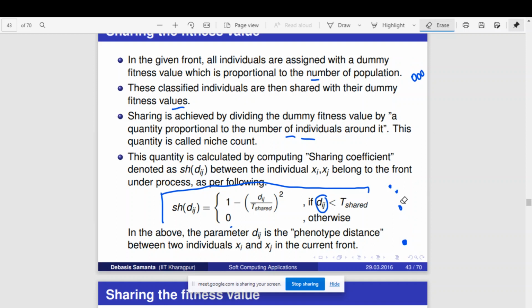If dij is less than sigma share, you follow this; otherwise, it is 0. The quantity is calculated by computing a sharing coefficient denoted as sh(dij) between individuals xi and xj belonging to the front, as per the following.